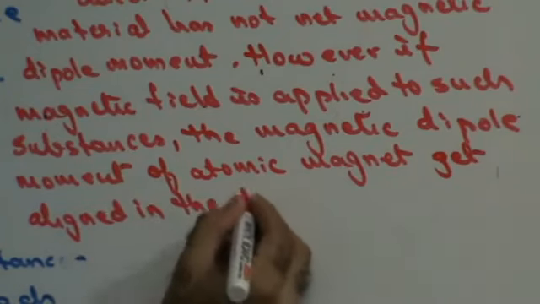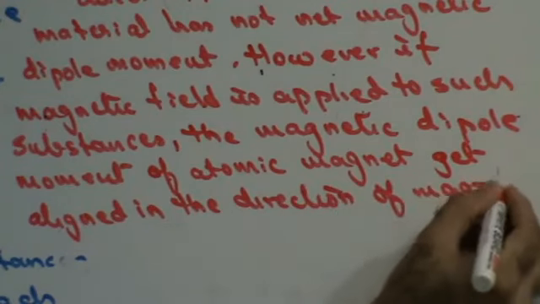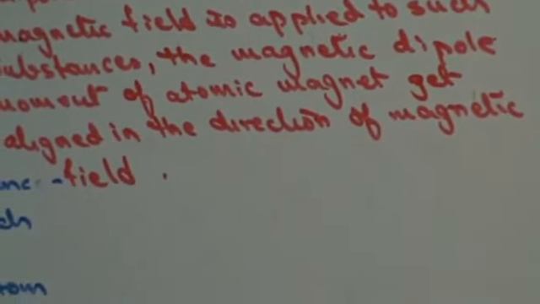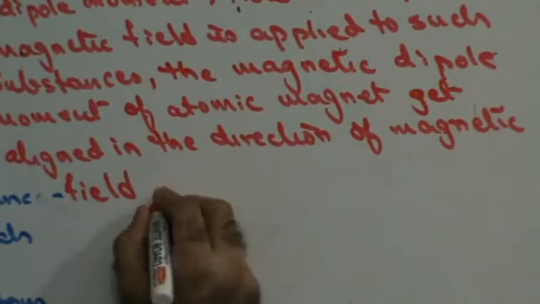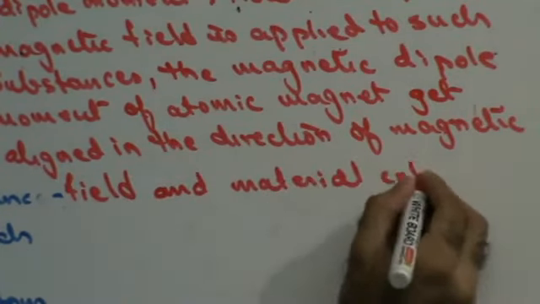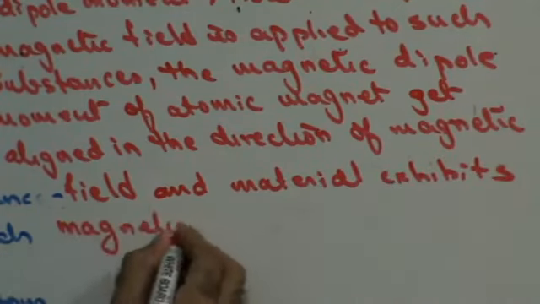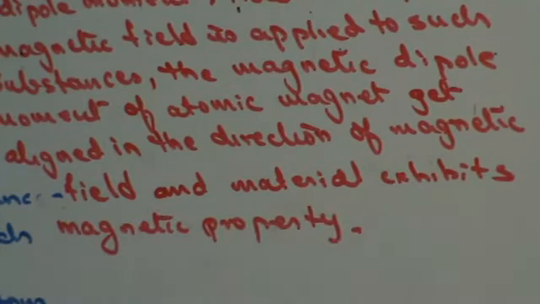Right? As a result of this, the material exhibits magnetic property. That's how a paramagnetic substance exhibits magnetic property.